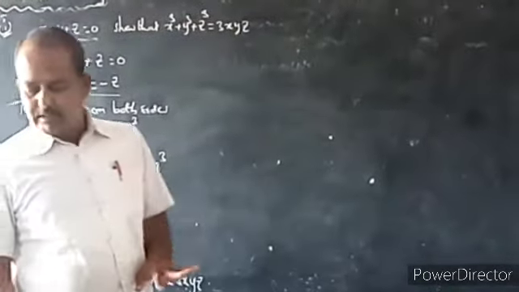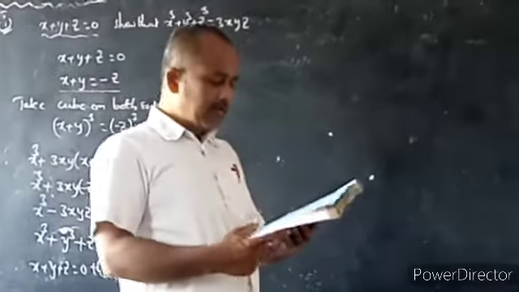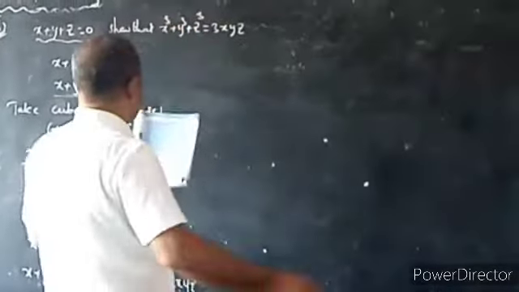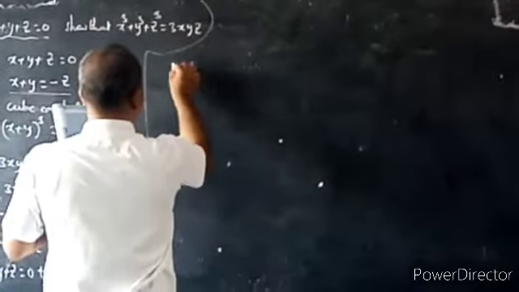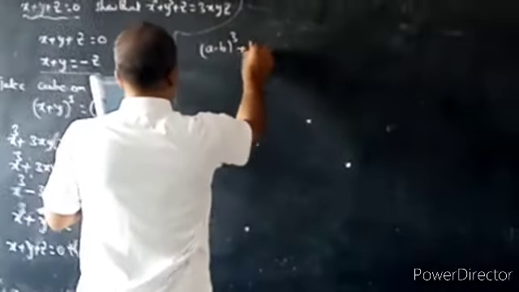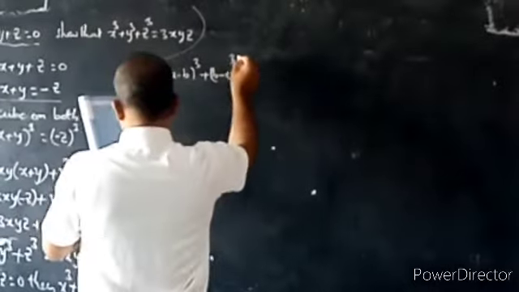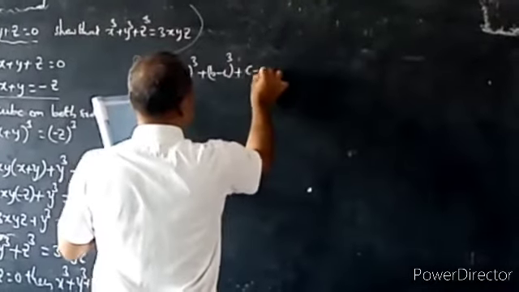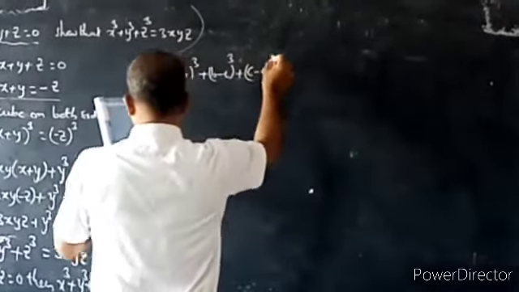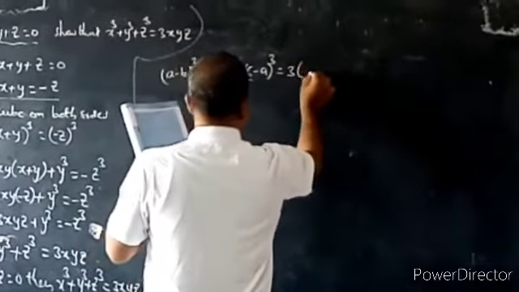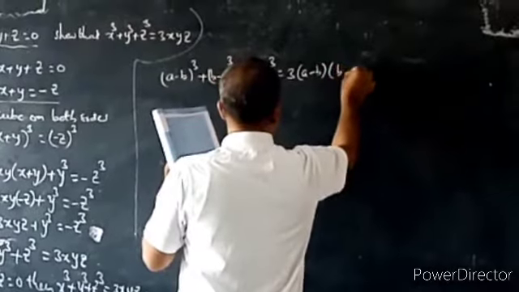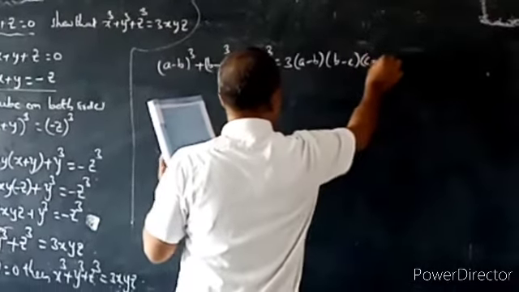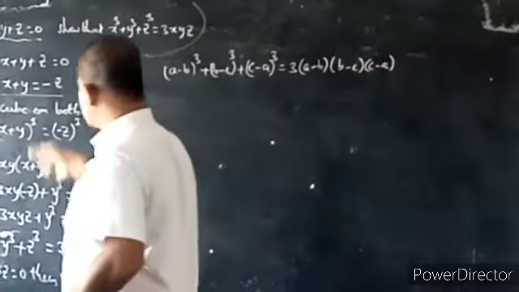What's the next? Second one: show that (a minus b) whole cube plus (b minus c) whole cube plus (c minus a) whole cube is equal to 3 into (a minus b)(b minus c)(c minus a). We have to use this identity only.